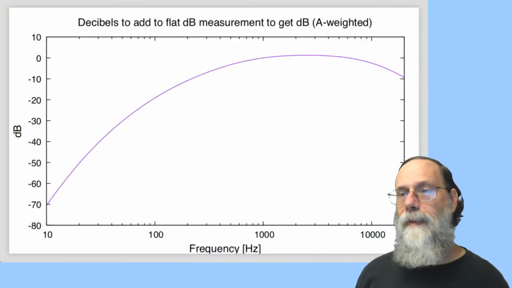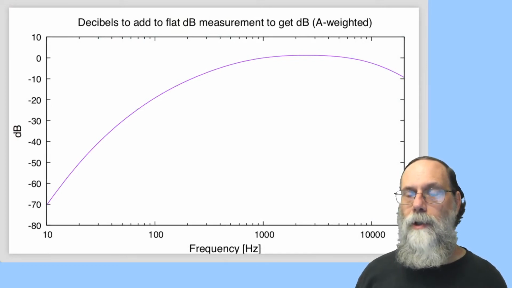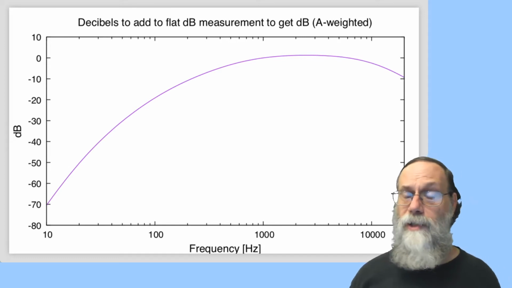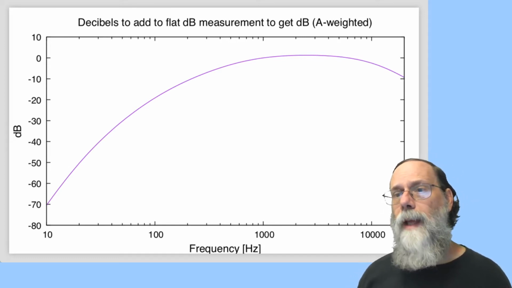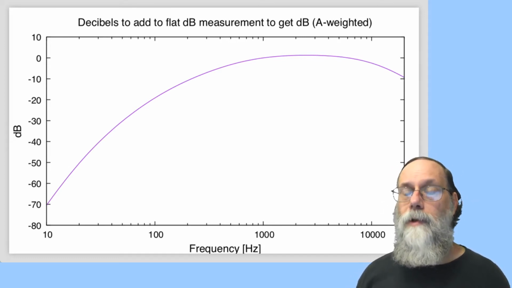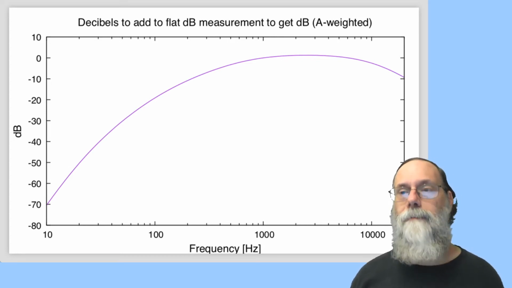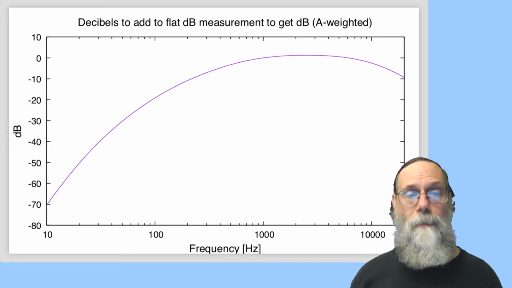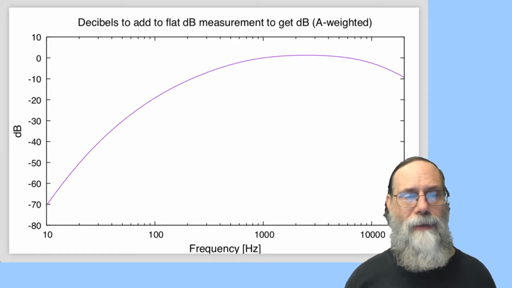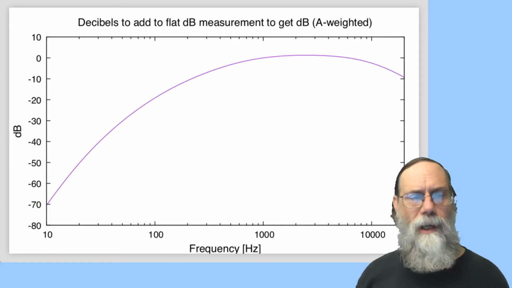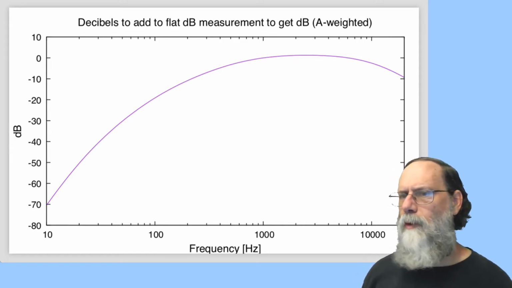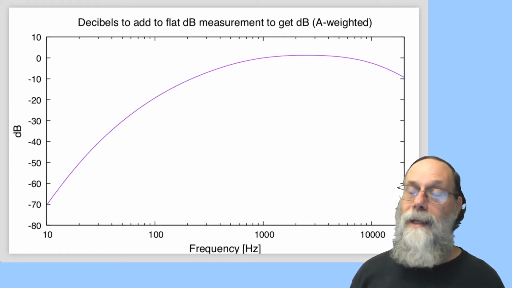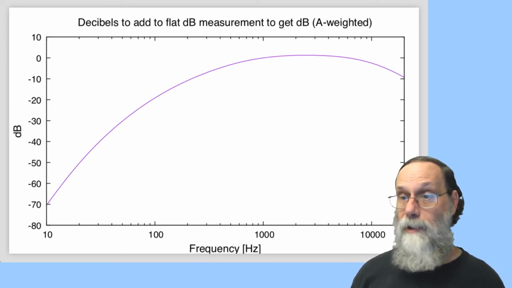The standard weighting scheme that's used is called the A weighting scheme. It was developed a long time ago, I think 1936. What it does is it produces the most sensitive values at about 2 kilohertz, or 2.5 kilohertz, and there it's about 1.27, 1.3, something like that, decibels higher than it would be at 1 kilohertz, where it's by definition 0.